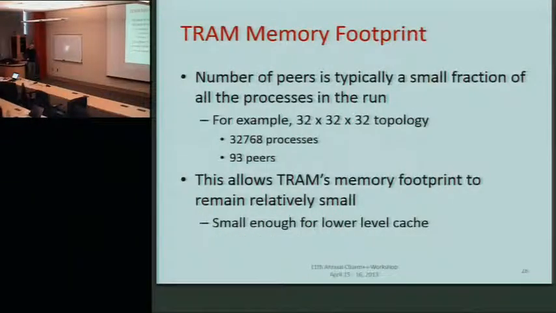And this is good news for the memory footprint of the library, because if we can afford to only aggregate 4 kilobytes per peer, and the number of peers is limited, then it turns out that the memory footprint of TRAM will be limited as well.